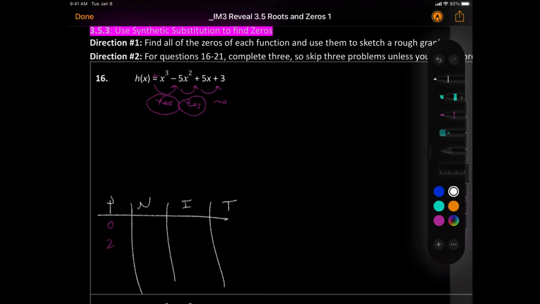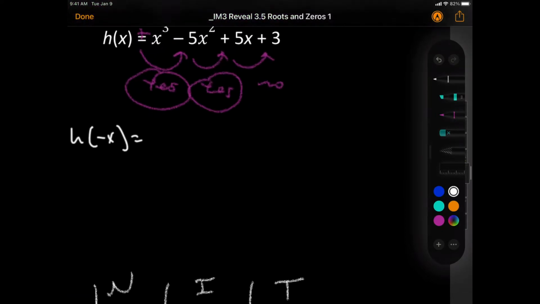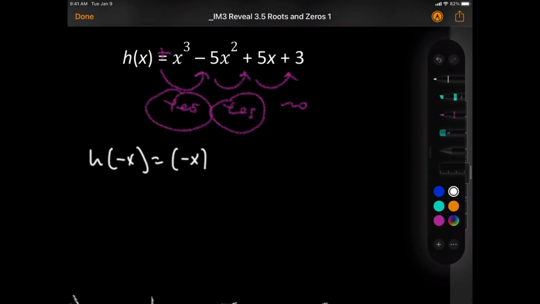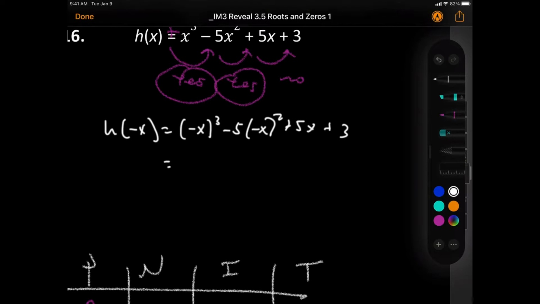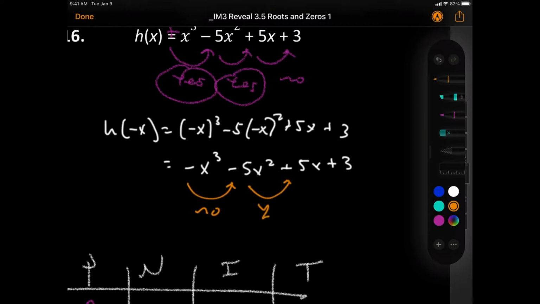Let's go ahead and put in negative x. So that would give us negative x to the third, negative 5x squared, plus 5x plus 3. And this would be a no, yes, no. So here we would have how many?